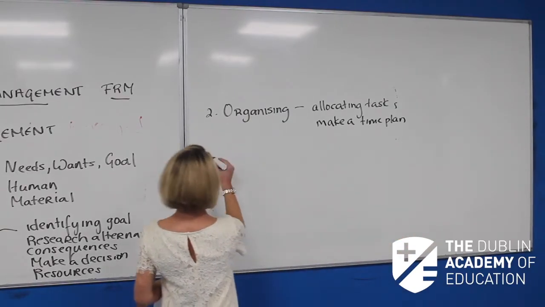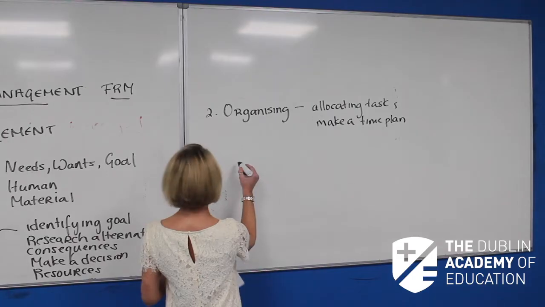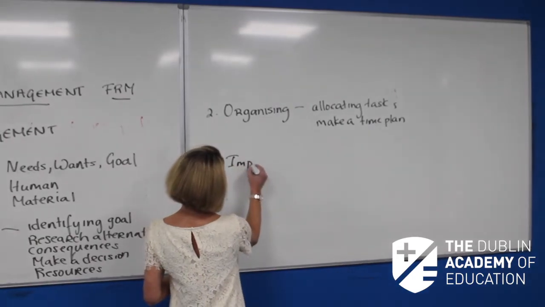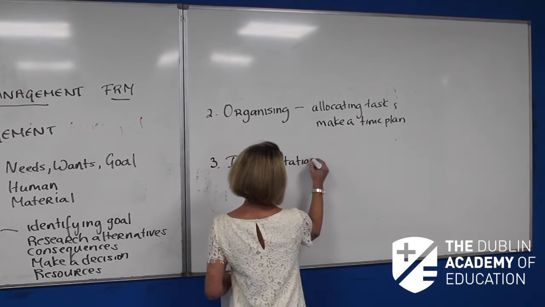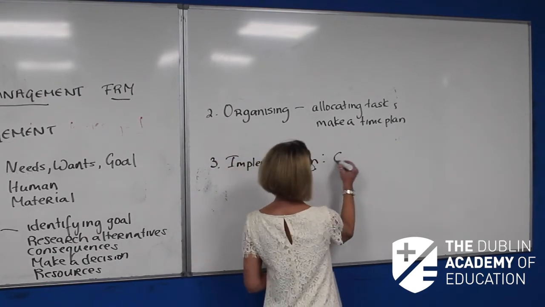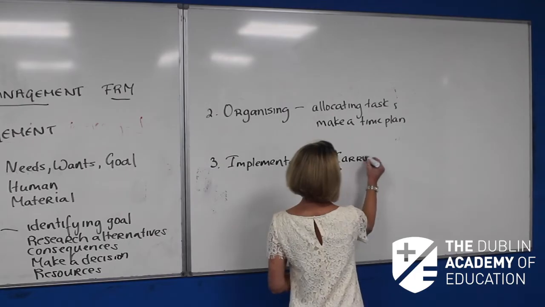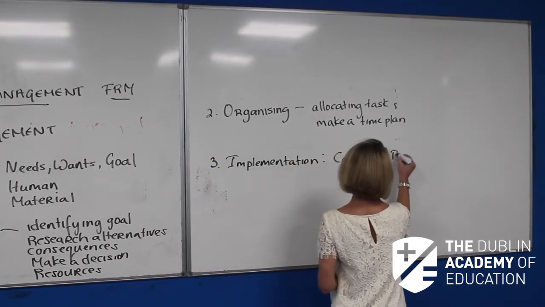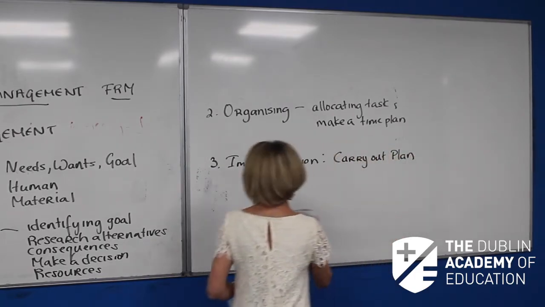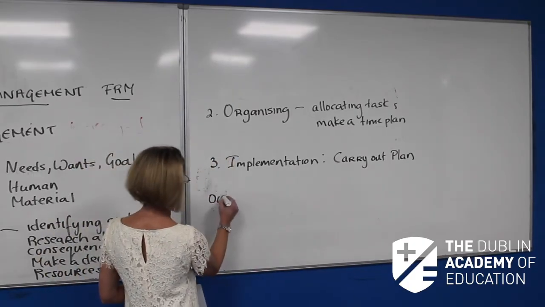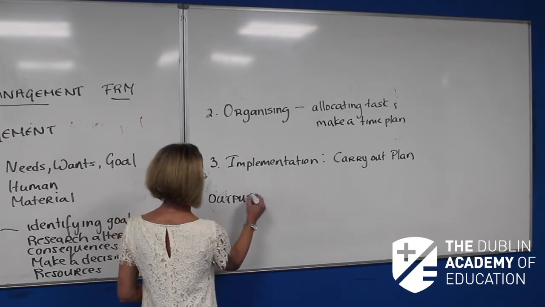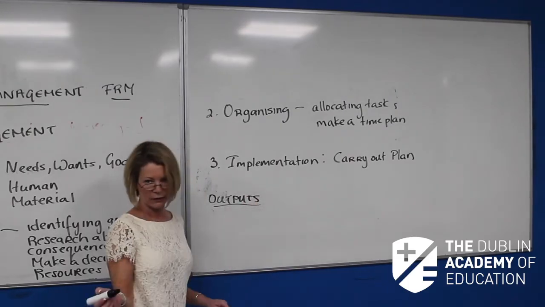And the third stage is implementation. So that's action, carry out your plan. And then our final stage is what's called outputs. And this is our evaluation.